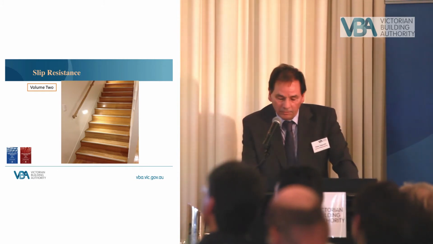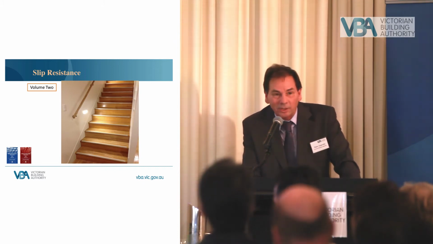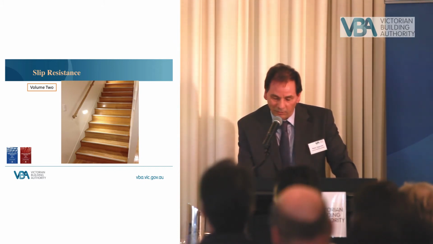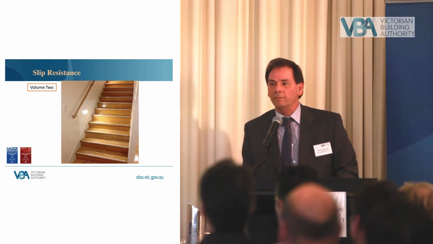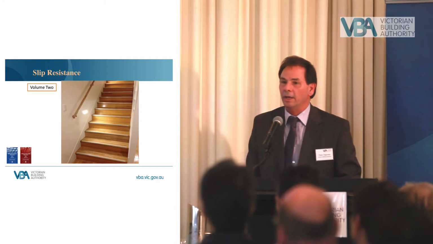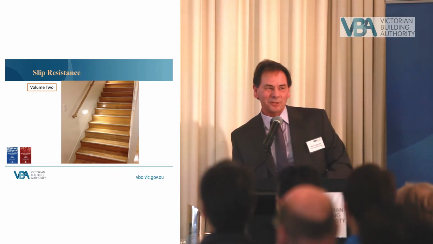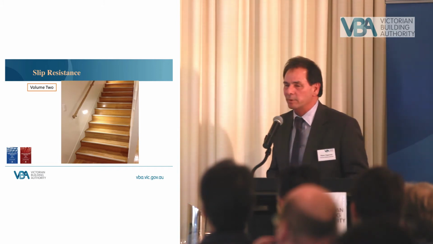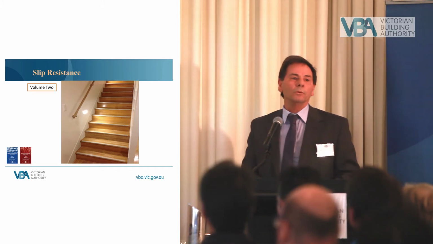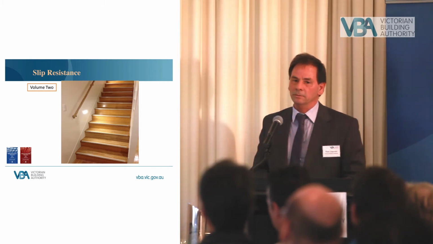Regulations to vary the requirement, being the Building Regulation Amendment National Construction Code Regulations 2014, have been prepared, but we are just waiting for their introduction, and we're hoping that will be done by the end of this week or next week. But as soon as they have been approved by the Governor in Council, we will then advise everybody via VBA mail.